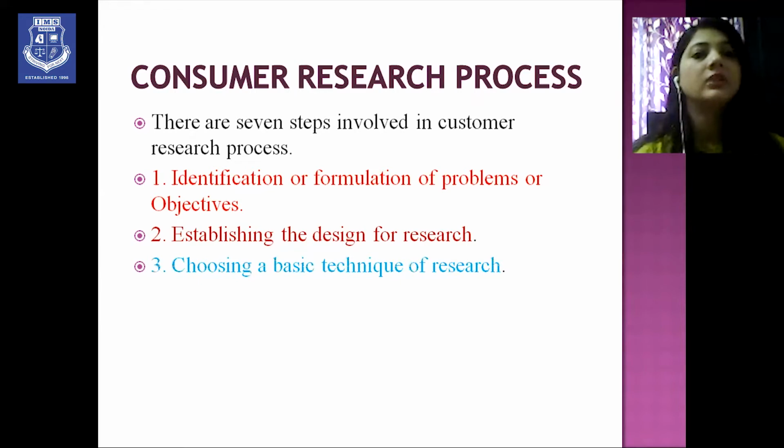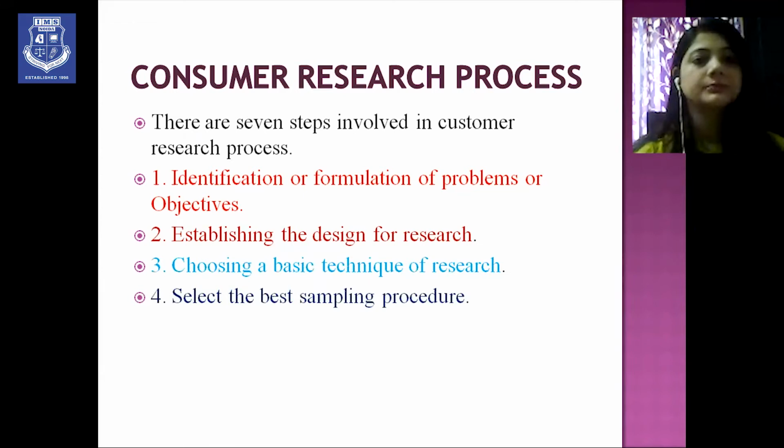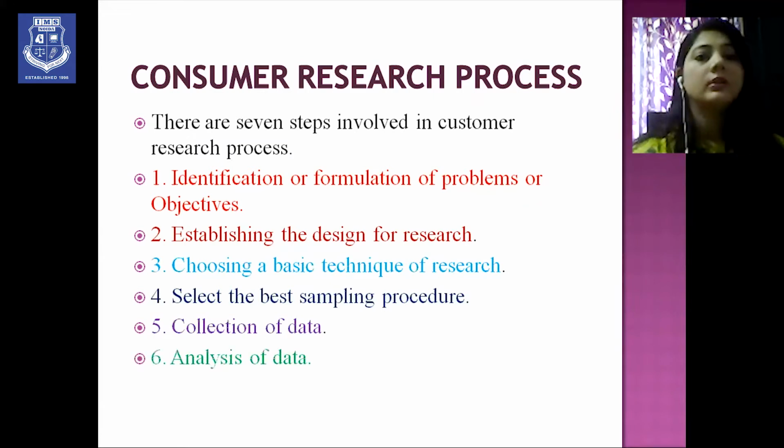Third, choosing a basic technique of research. Fourth, select the best sampling procedure. Fifth, collection of data. After that, sixth, analysis of data. Seventh, preparing the report. Now, let me discuss all these steps in detail.